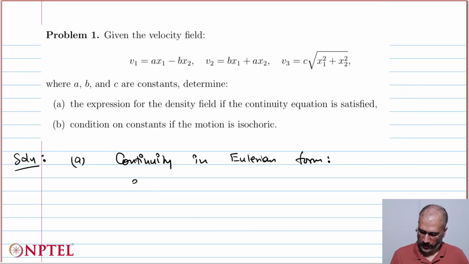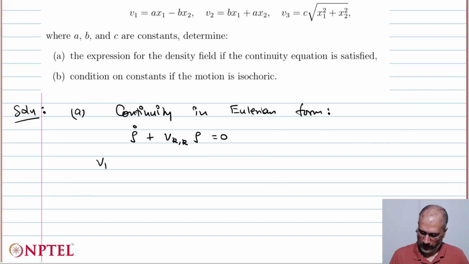So the continuity equation in Eulerian form is rho dot plus Vk comma k times rho equal to 0. Now Vk comma k is simply V1 comma 1 plus V2 comma 2 plus V3 comma 3. So let's find out V1 comma 1 from the velocity field. So this is V1.